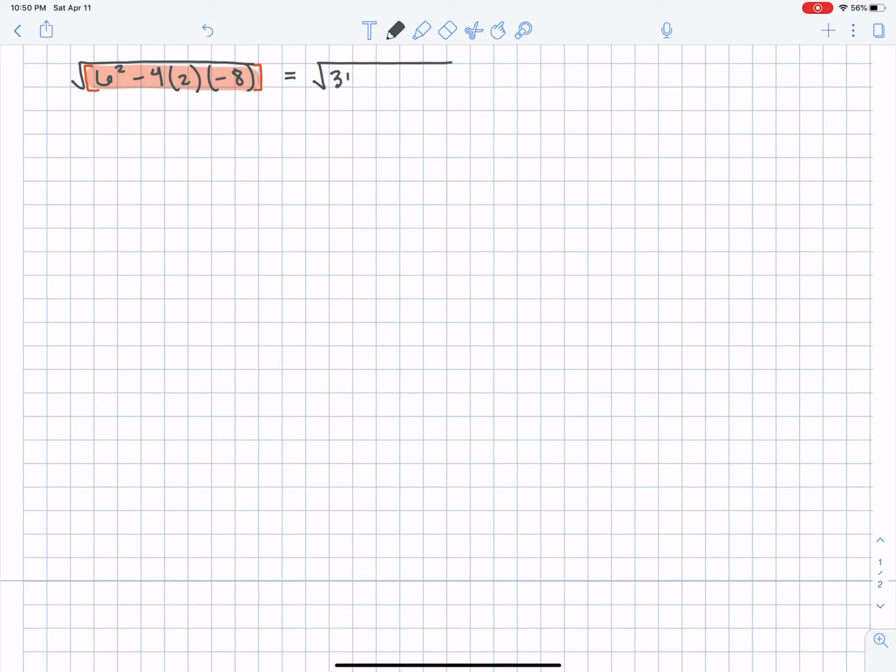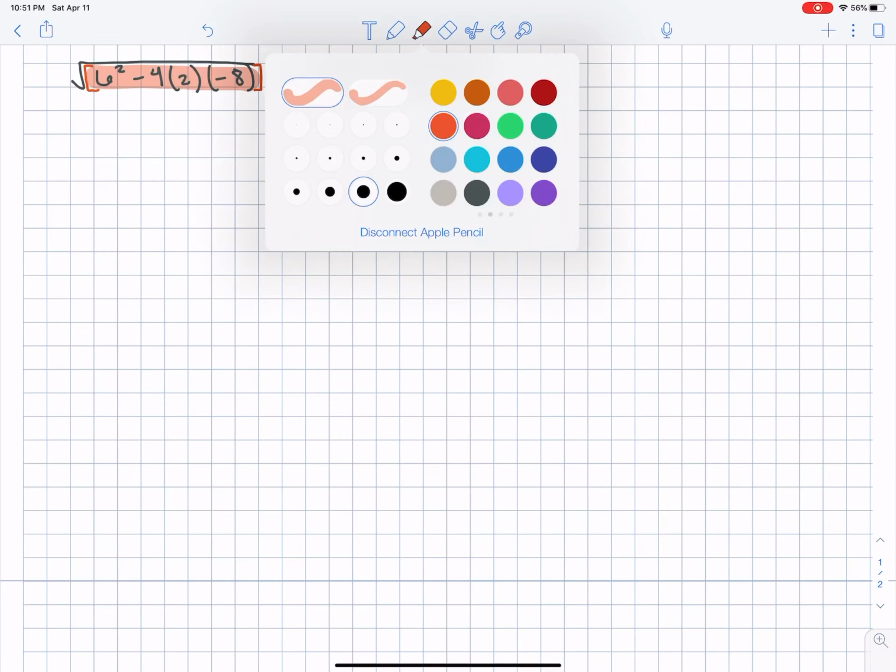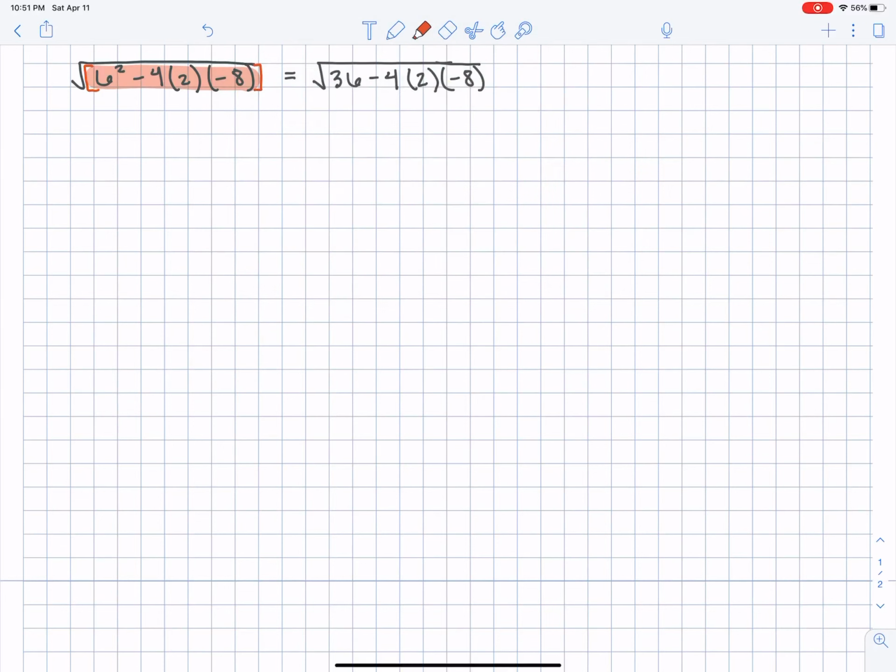So I have 6 squared, which is 36, minus 4 times 2 times negative 8. Okay, now I'm going to work with my multiplication. So I'm going to do this multiplication right here. And I actually have a negative times a negative, which ends up being a positive. So I have 36 positive, 4 times 2, that's 8.